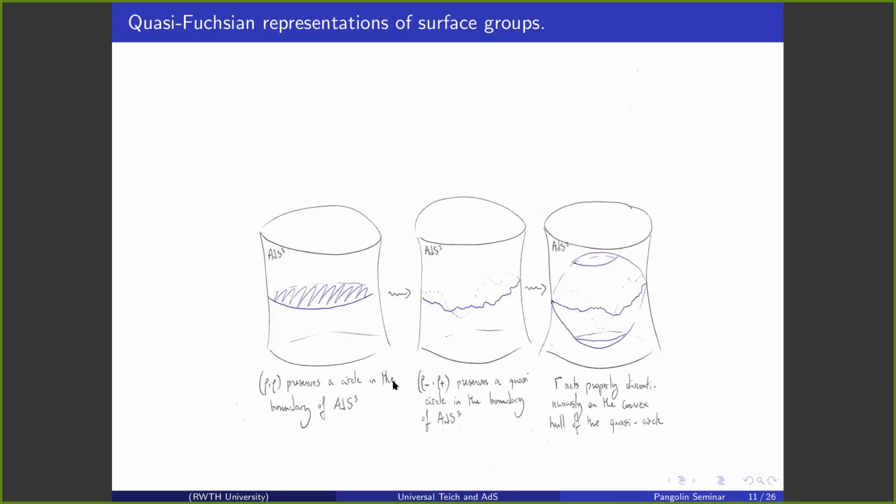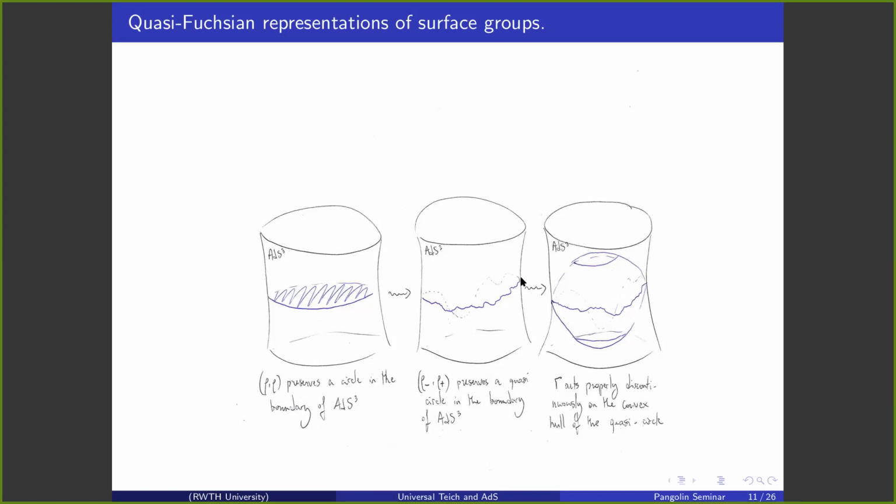And if I start deforming, and do really something quasi-Fuchsian, well, the group gamma is going to preserve something which is also topologically a circle in the boundary of ADS, but even if topologically a circle, it could be geometrically really more complicated, and this thing is called a quasi-circle. I will define it precisely in a second.